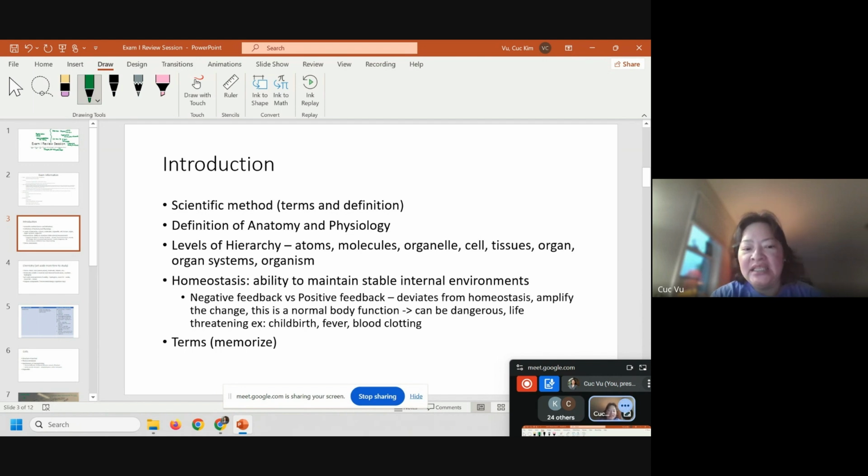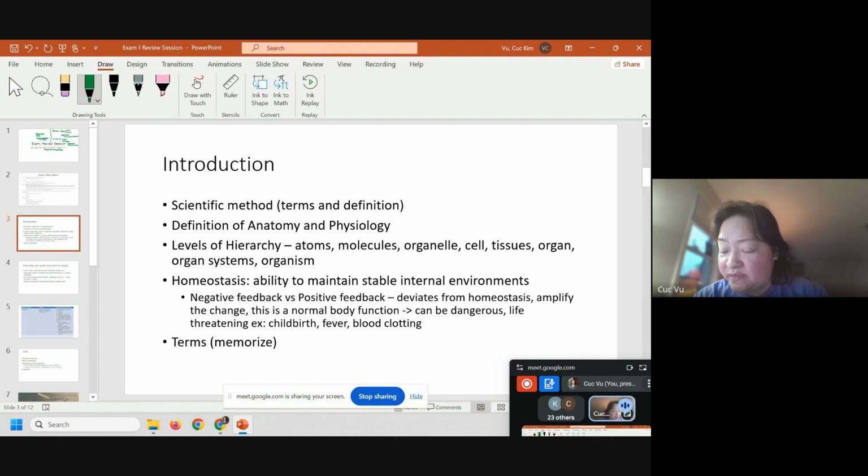All right. So like you said, negative feedback senses a change in the body, and then it activates mechanisms to bring you back to your average. Where positive feedback can always be life-threatening. Can blood clots be life-threatening? Absolutely.